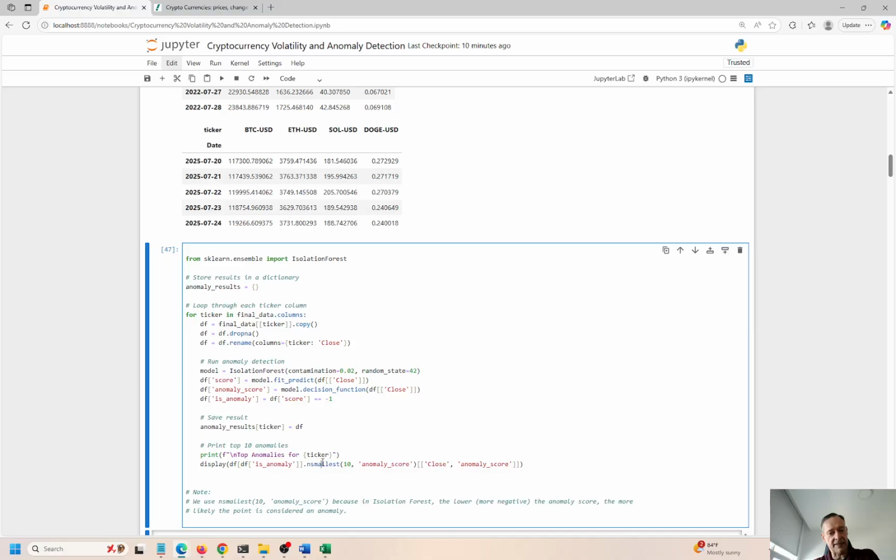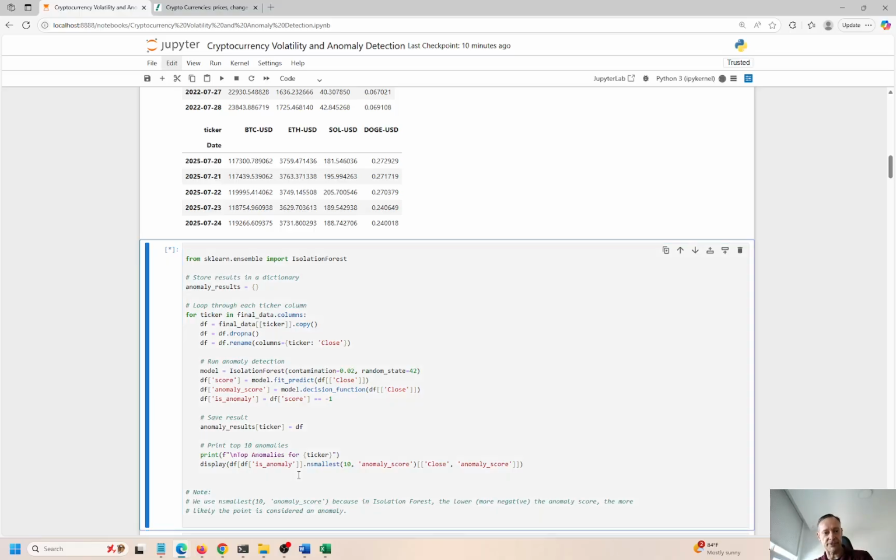So even though it says n smallest, and we're looking at the top 10 of the smallest, again, the lower, the more negative scores, the smaller scores are actually the more anomalous. I hope I'm saying that right. Higher anomaly features or higher anomaly enrichment or whatever it is.